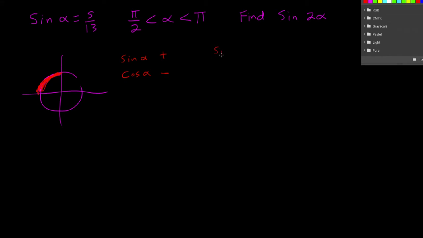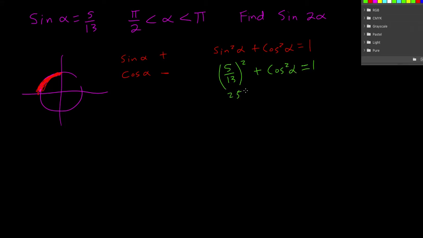So we're going to say sine squared alpha plus cosine squared alpha equals 1. And we need to find our cosine value is essentially what we're doing. So we plug in our sine. So it's 5/13 squared plus cosine squared alpha equals 1.